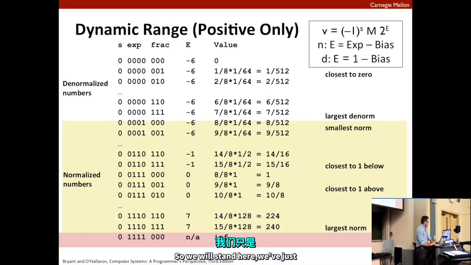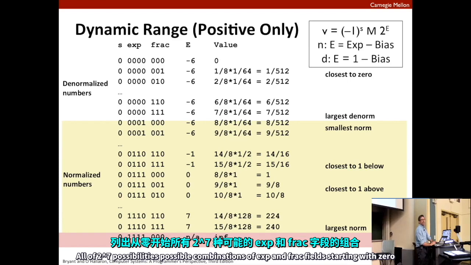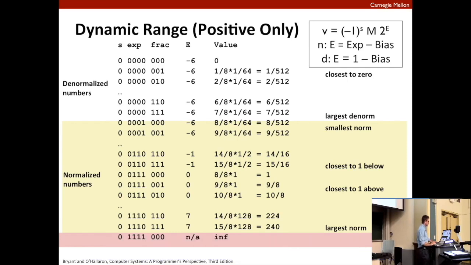So what we've done here, with a sign bit of 0, we've enumerated all of the 2 to the 7th possible combinations of exp and frac fields, starting with 0.